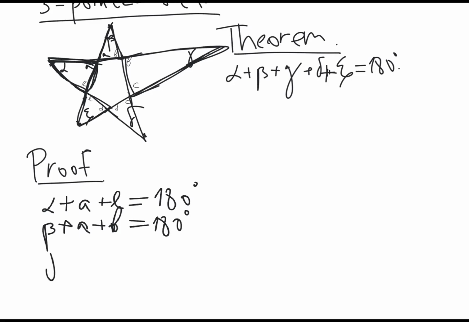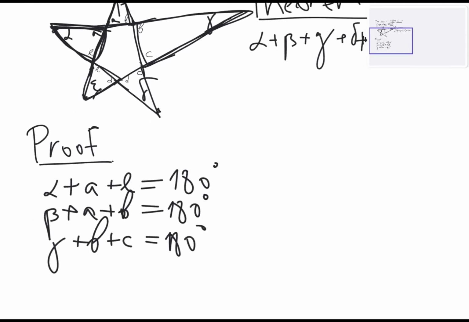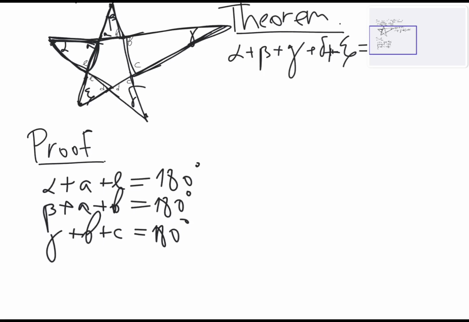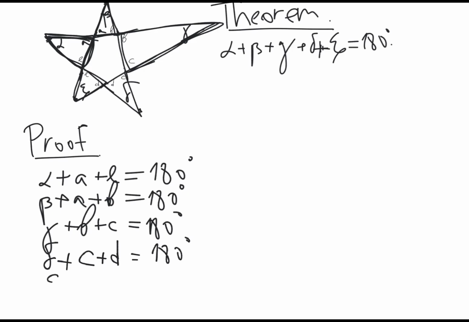Then gamma plus B plus C is equal to 180 degrees. And then delta plus C plus D is equal to 180 degrees. And then epsilon plus D plus E is equal to 180 degrees.